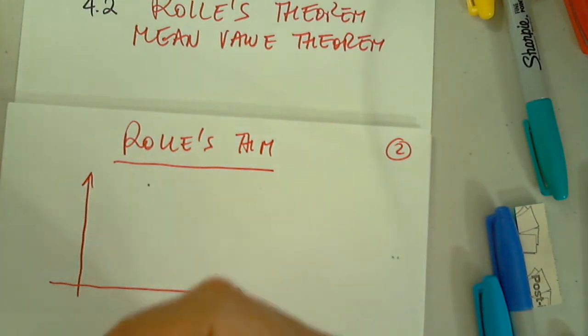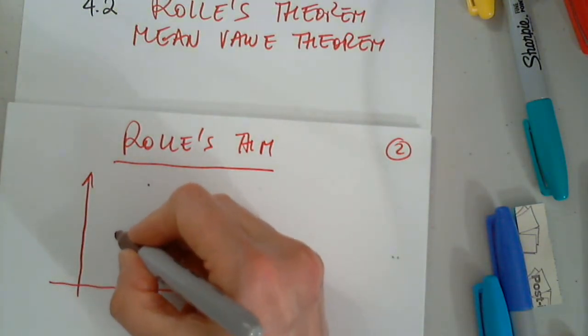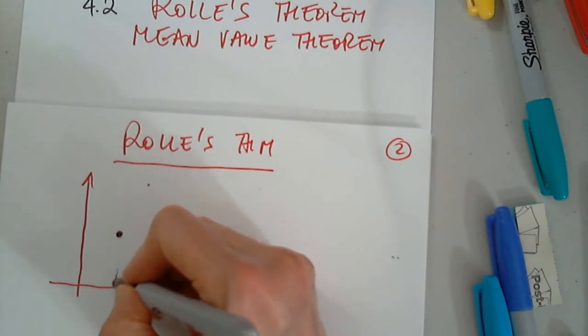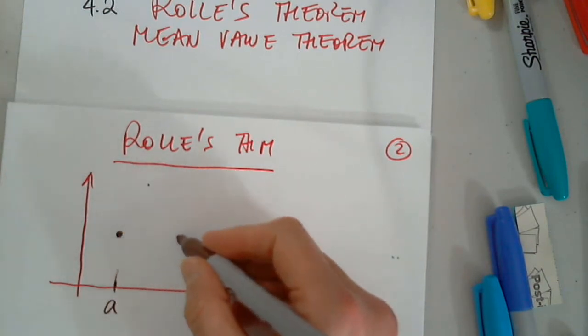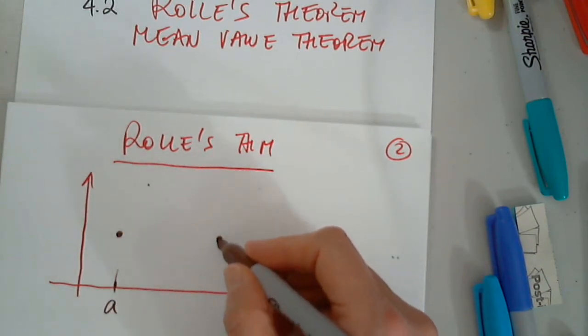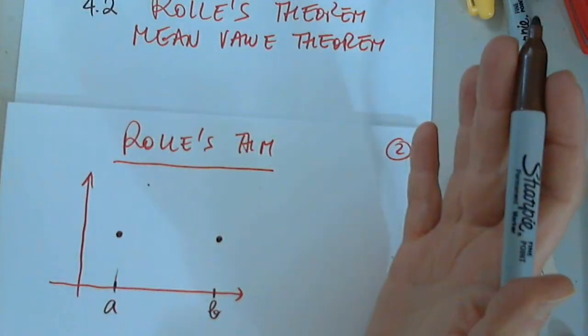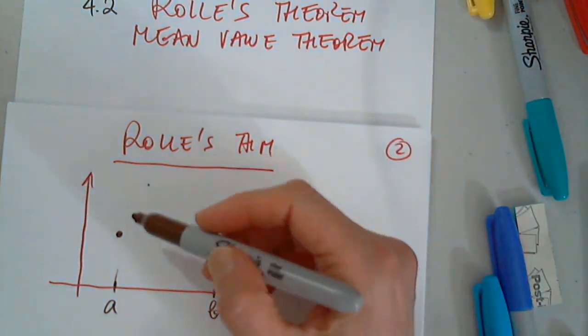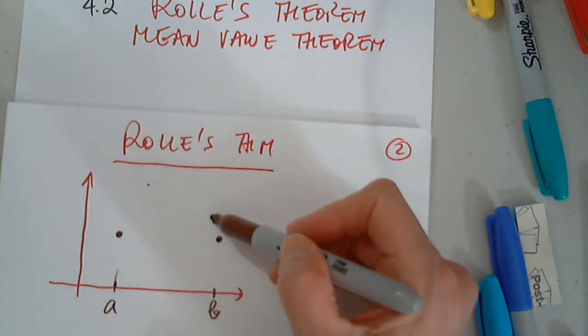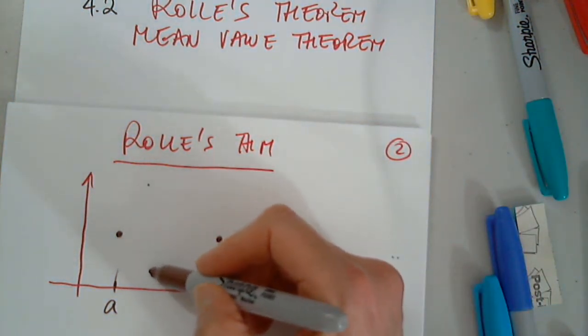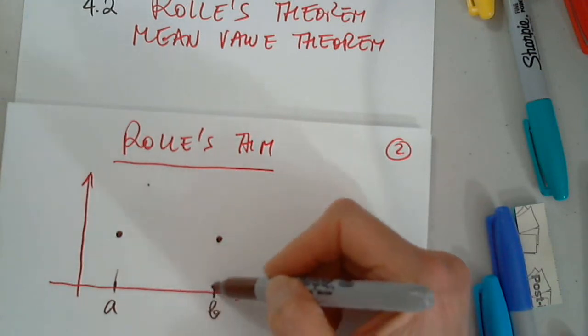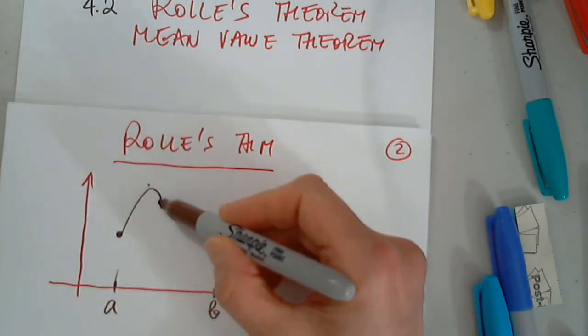Let's suppose I have a function that starts here at A and ends here at B and does whatever you want in between, and it's continuous. It can do just this, it can do just this, or this, or it can do this.